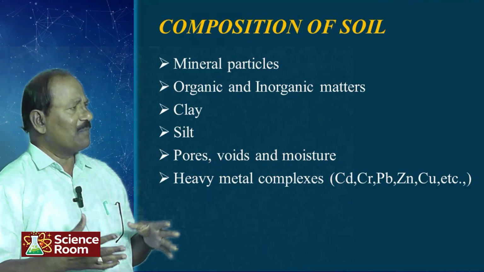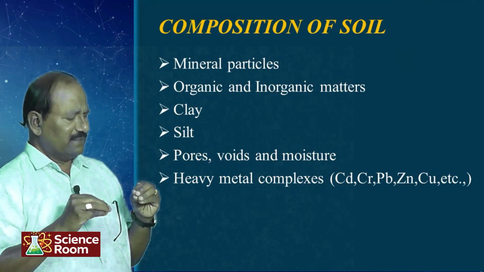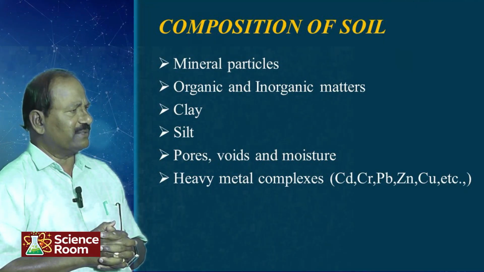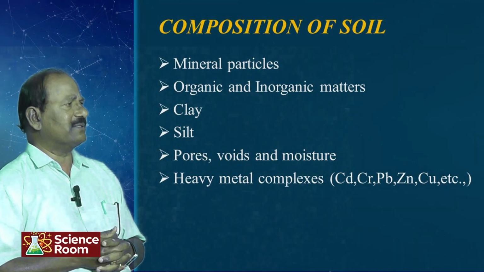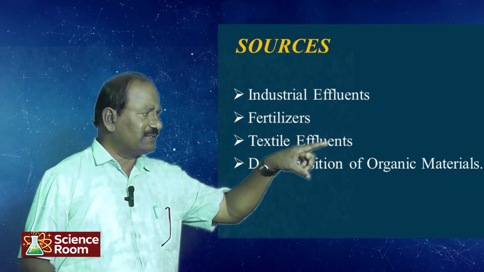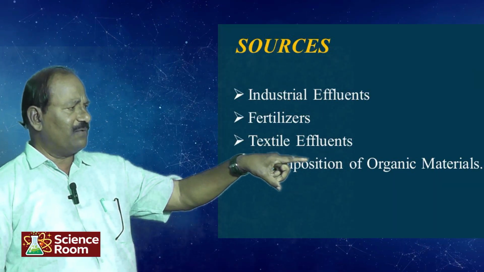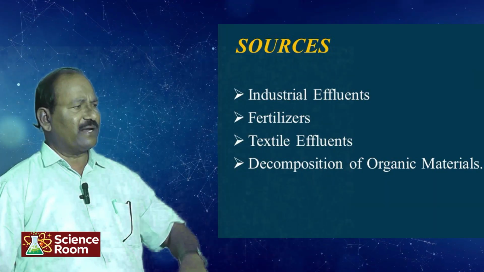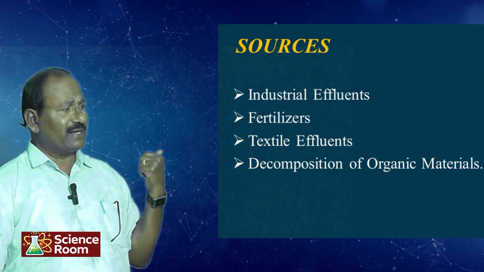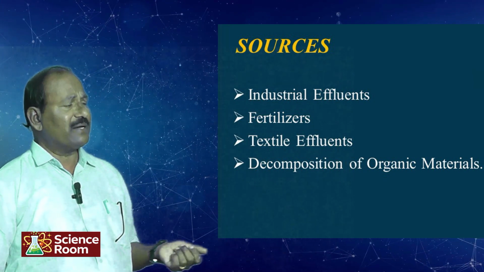It all goes there. So the sulfates and chlorides are very, very important for the deterioration of the concrete piles. The sources are industrial effluents, fertilizer, textile effluent, and decomposition of organic materials. Also the gas forms. Sulfates are coming from the decomposition of the organic materials.